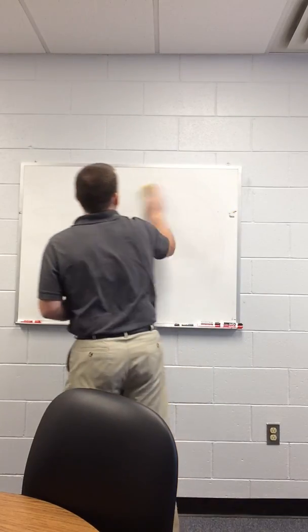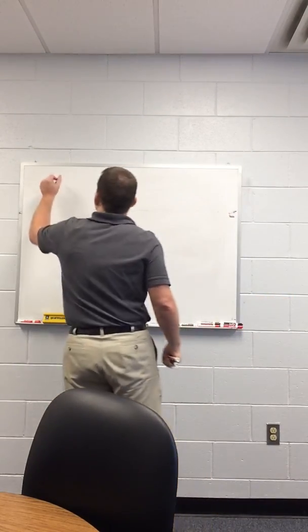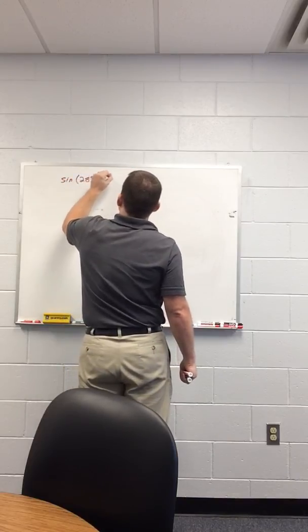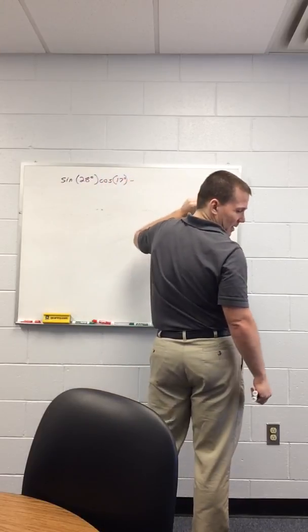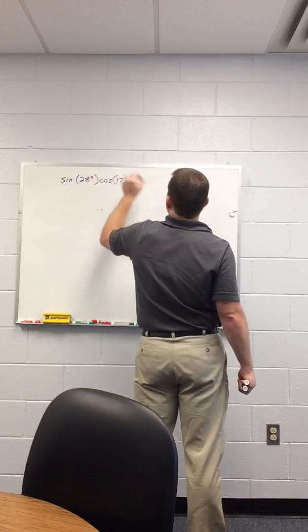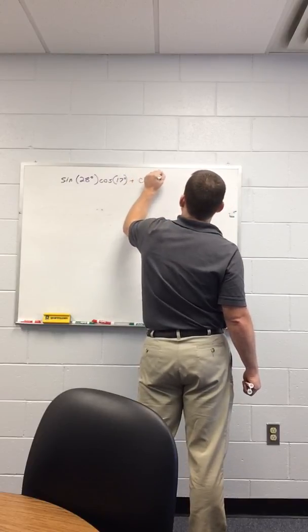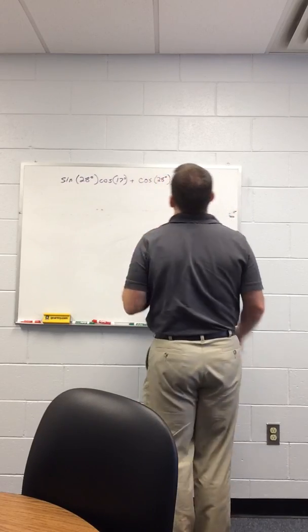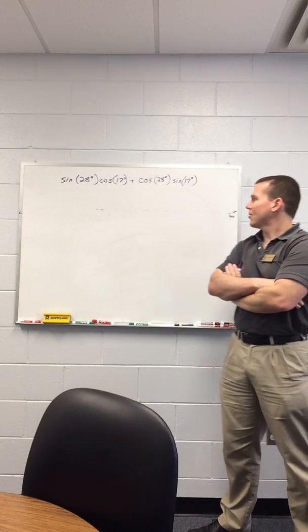Okay, and we're going to do one more. In this one I wrote down: suppose I want to find sine of 28 degrees times cosine of 17 degrees plus cosine of 28 degrees sine of 17 degrees. And I want an exact answer, which means, again, don't just throw it into your calculator.